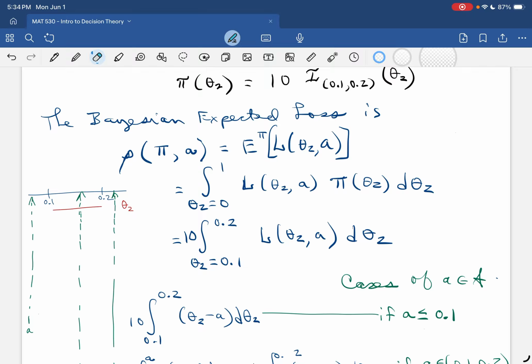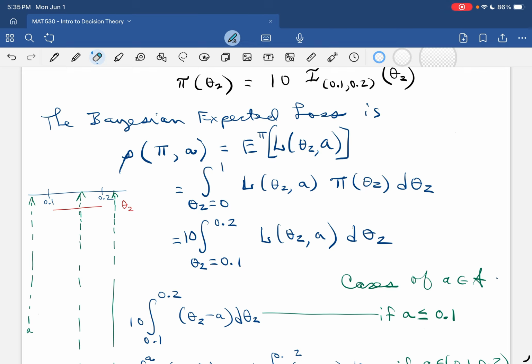At this point, to evaluate this integral, we have to be careful how we handle the relationship between little a and theta 2. First of all, we're integrating as theta 2 varies from 0.1 to 0.2. I've indicated that in this diagram in red, and in green I've indicated the three cases that we have to consider. The first case is what if little a is less than or equal to 0.1?